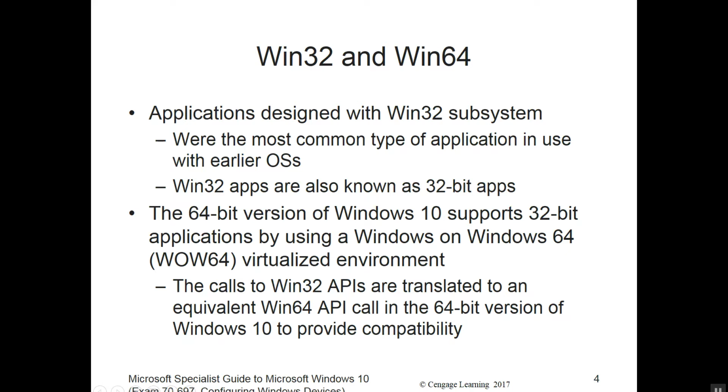Calls to a 32-bit API are translated to an equivalent Win64 API call in the 64-bit version of Win10 to provide compatibility. So depending on the version that we're dealing with, just remember, 32-bit is legacy, older. 64-bit is where we're heading today. We're not totally there, but we're getting there. Depending on the version of Win10 that we're dealing with, we may be fully Win64, or 64-bit.